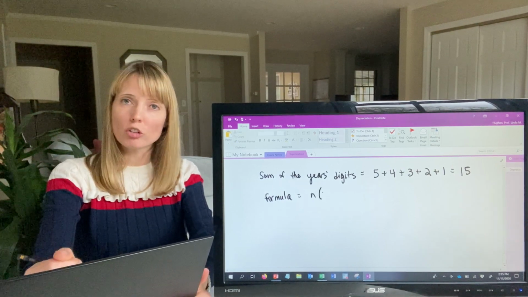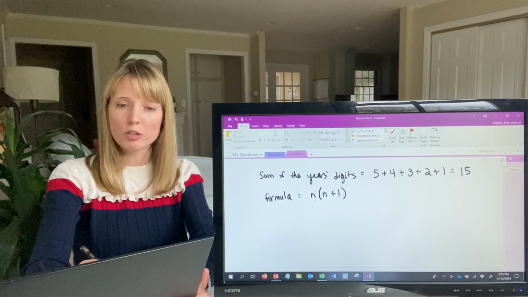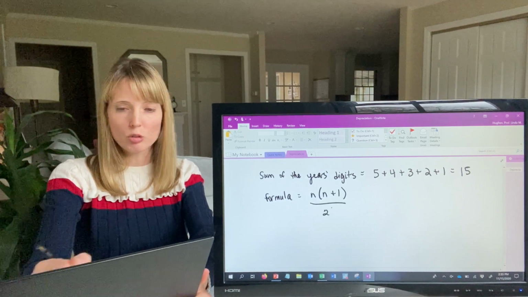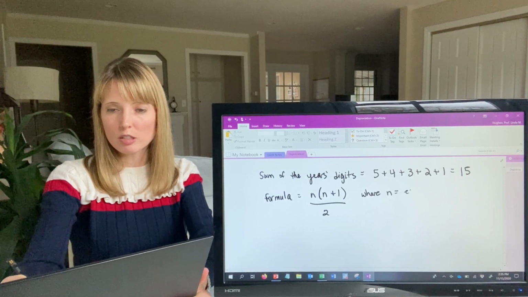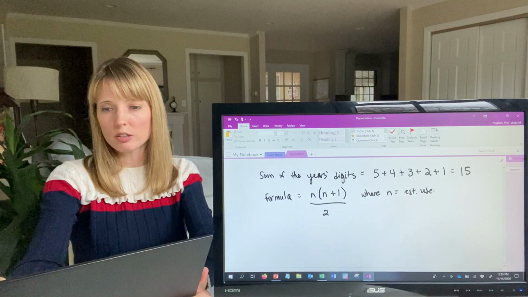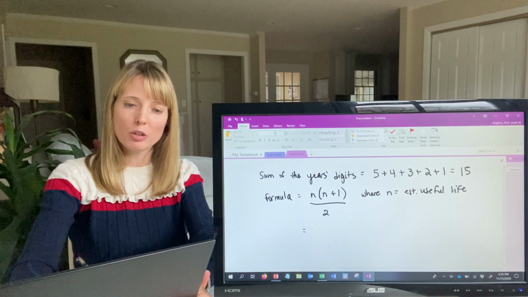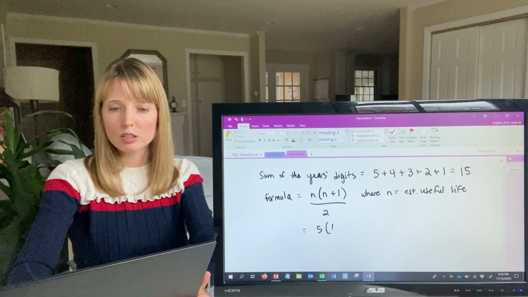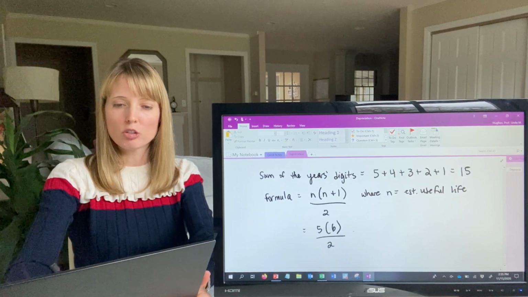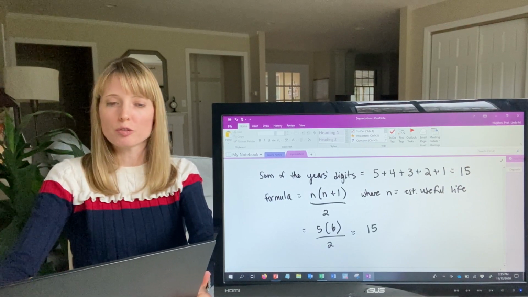We take n, the number of years in the asset's estimated useful life, times n plus 1, divided by 2. Let's see that in this example: 5 times 5 plus 1, which is 6, divided by 2. So 30 divided by 2 gives us a sum of the year's digits of 15.